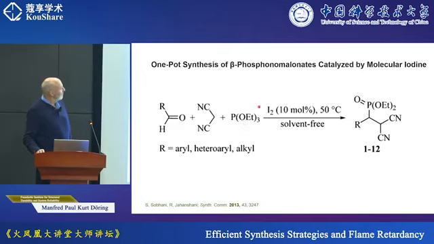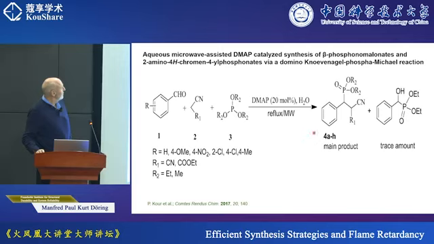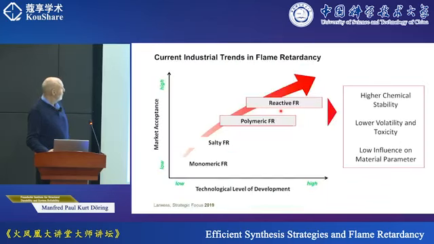As a catalyst, it's now a 1, 2, 3 component reaction in a one-pot scenario with iodine as a catalyst, and another one here in water with microwave application, and the last one again in a one-pot scenario, and you synthesize this one very easily. Okay, next question.